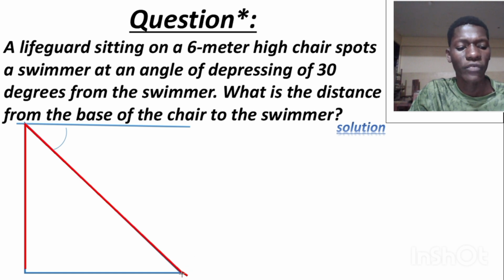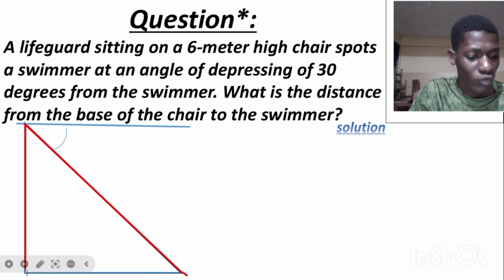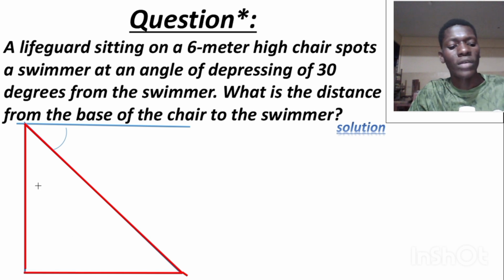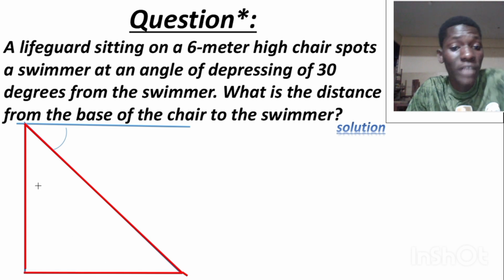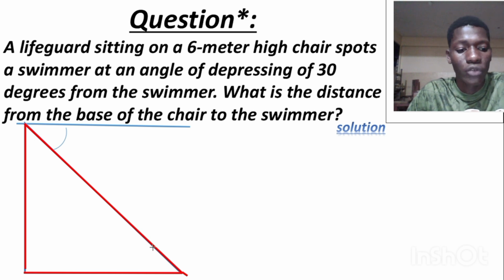They are asking us to find the distance from the swimmer to the base of the chair. So here is the base of the chair, and this distance is what they are looking for, the distance that connects the base of the lifeguard chair to the swimmer.